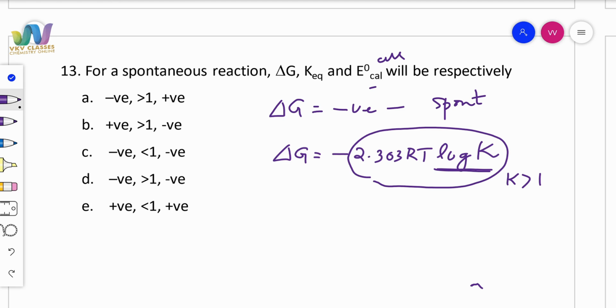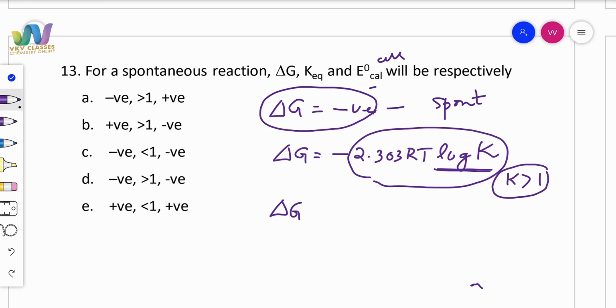If K is less than 1, logarithm of that number will be negative. Negative of negative becomes positive. So delta G will be positive. So the first condition for a spontaneous process is delta G negative, and this is followed by K being greater than 1. Repeat, if K is greater than 1, log K will be positive and delta G will be negative.